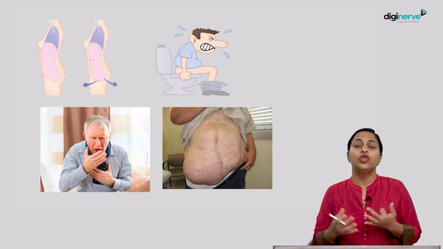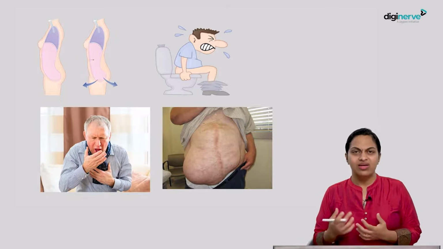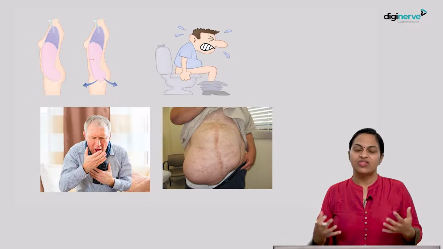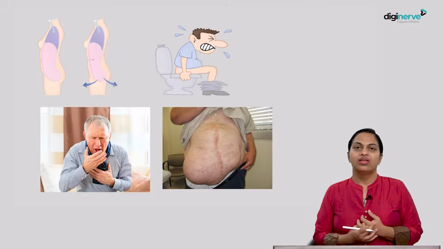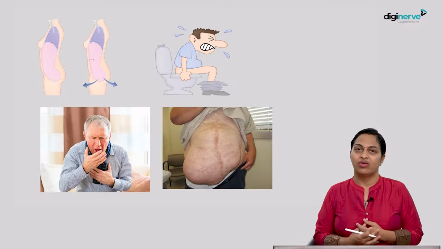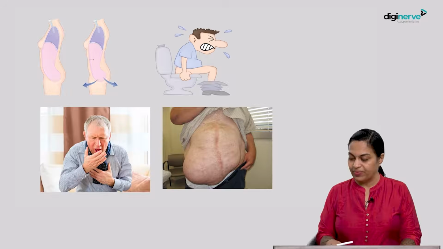Also constipation, any tumor within the abdominal cavity, and certain other factors like multiple pregnancies, the abdominal wall becoming lax, and any surgeries over the anterior abdominal wall that would have weakened it. All these predispose to the development of inguinal hernia.